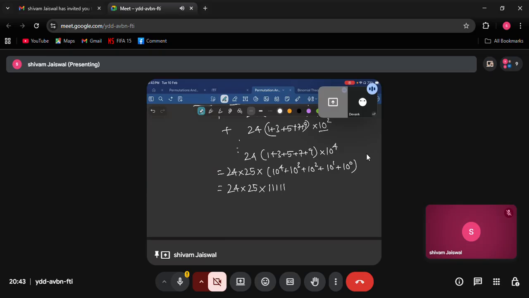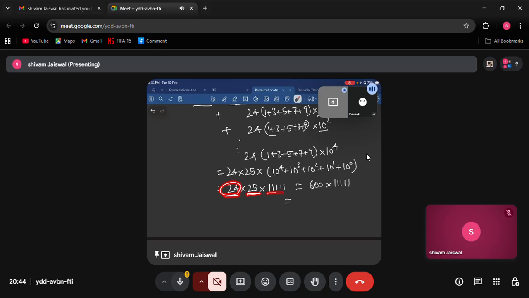I hope this is clear to everyone. This will give us 600 into 5 ones. I hope you people have understood. This is the number of times the digit will appear in a particular place. This will be the sum of all the digits.